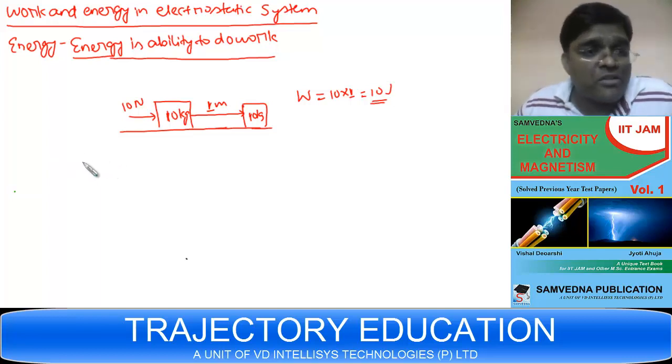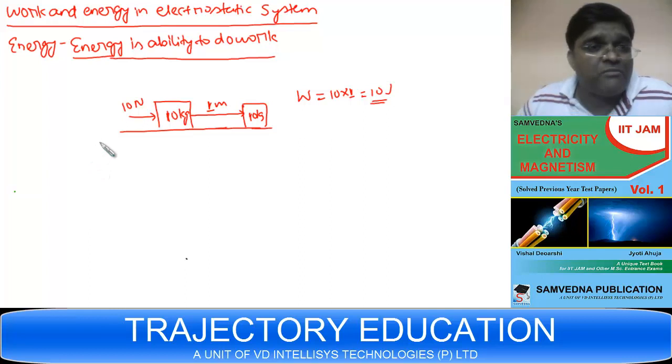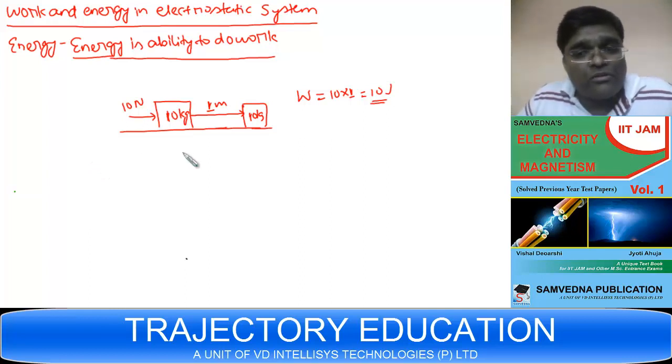The energy a system possesses will be only by dint of its configuration, because the charges are at rest. This electrostatic energy is nothing but electrostatic potential energy. This is a form of potential energy, right?